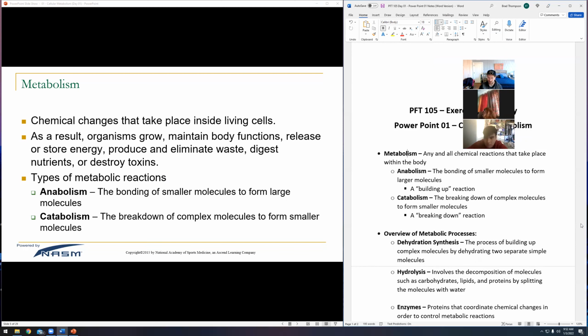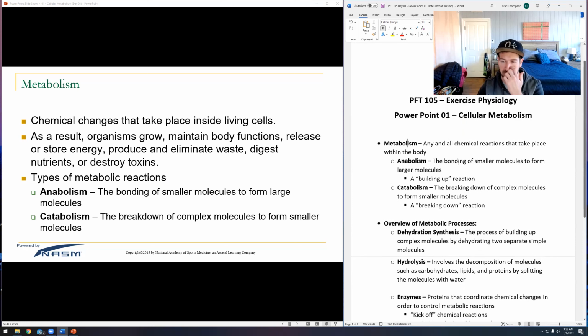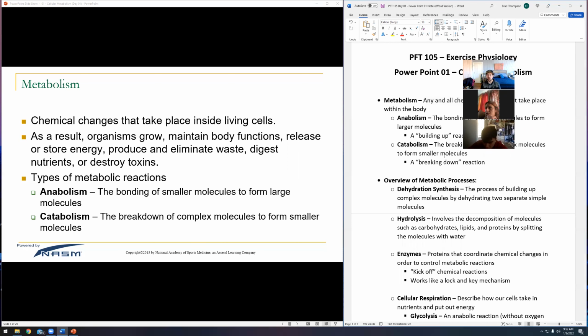Yeah, that's actually great. So let's go ahead and define what metabolism is, because I've been talking about metabolism all morning, right? Well, metabolism is going to be defined as any and all chemical reactions taking place inside the body. So when you scratch your skin, and your body comes along and repairs all that, it's part of your metabolism.